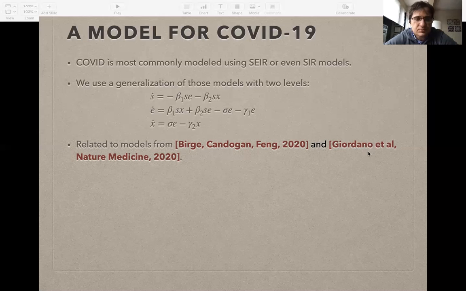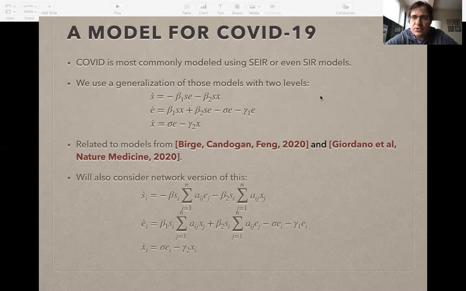And of course, what you want to do, consistent with the spirit of what we're trying to do here, is to consider this over a network. So essentially, everywhere that you have a product of susceptible and infected, in a network model, you're going to have a product of Si and Ej, where every node now has three variables, Si, Ei, Xi, Si being the proportion of susceptible at that node, Ei being the proportion of asymptomatic infected at that node, Xi being the proportion of symptomatic infected in those nodes.